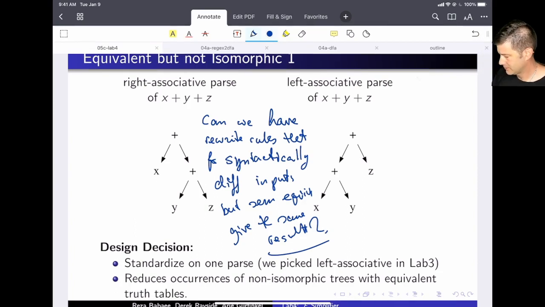Because that would be really, really nice. Then we don't have to worry about even small differences in input.